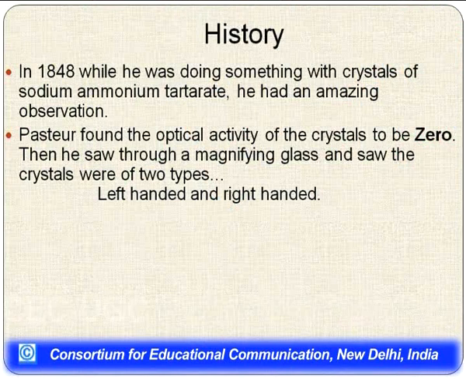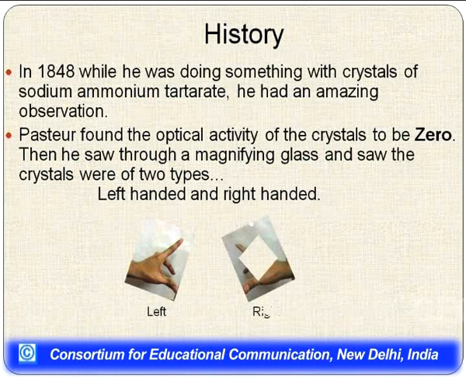But before that, as you can see on the slide, because he knew Biot's research, he measured the optical activity of that mixture of crystals, and he found that the optical activity was 0. Then, using a magnifying glass and a pair of tweezers, he laboriously separated these two types of crystals.